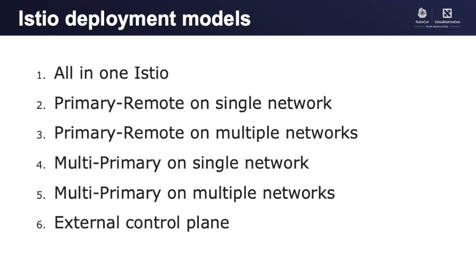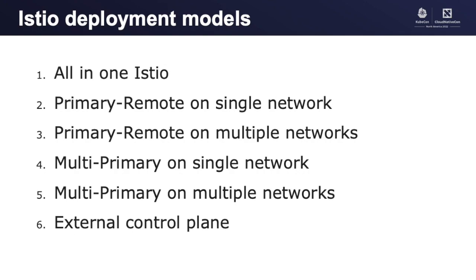When you have multiple clusters running on different networks, that is, workloads cannot reach each other directly, then users will need to create cross-network gateways to help the workloads reach each other. This will be a typical primary-remote deployment model on multiple networks.